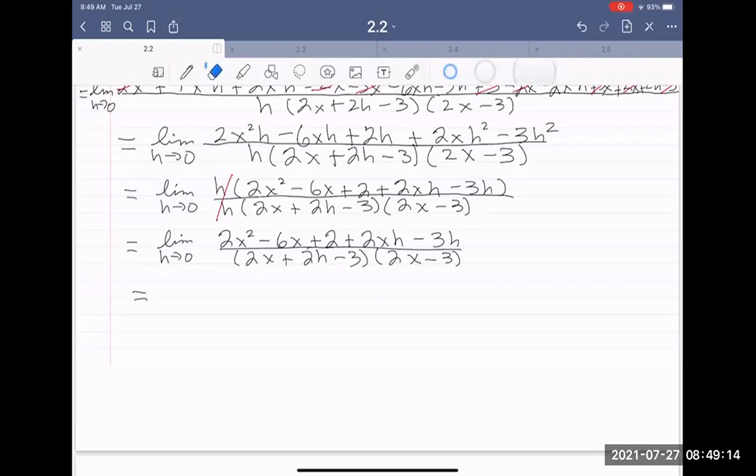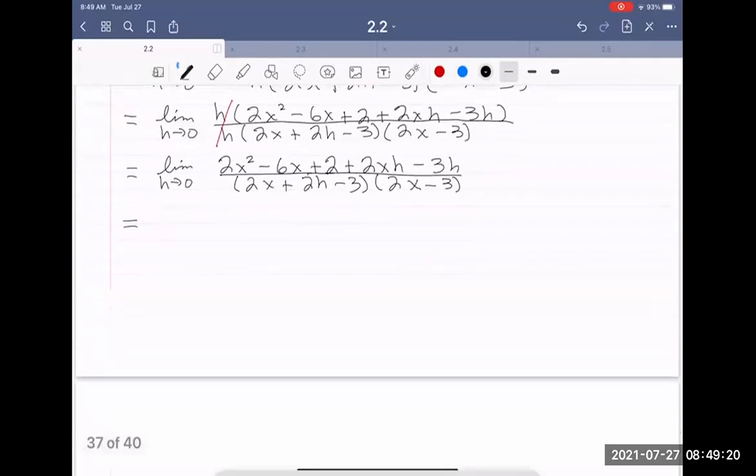Now, let me plug in 0. If I plug in 0 for h, these terms will vanish, and this will vanish, but all the other terms will remain.